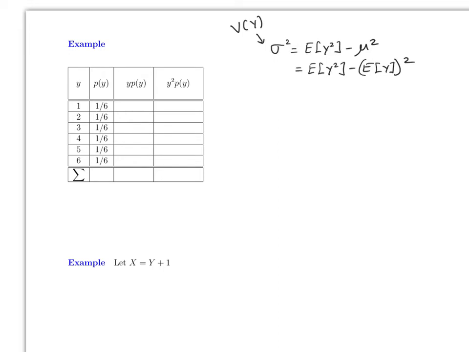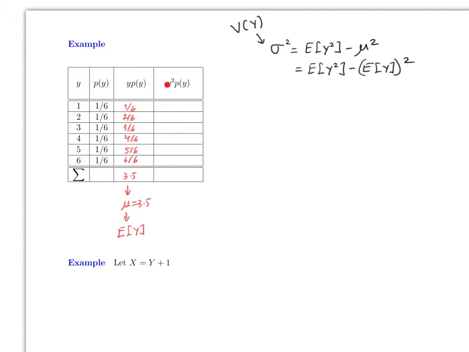So we filled out this table already. Remember, this was 1/6, 2/6, 3/6, 4/6, 5/6 and then 6/6, and this sum was 3.5, which meant the mean was 3.5. Remember, this is also the expected value of the random variable.